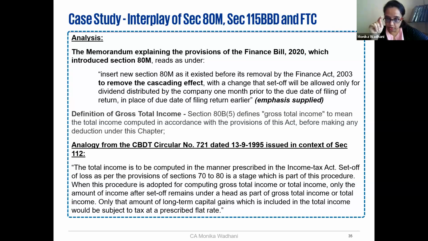So you have to see total income before any deduction under this chapter. 80M is part of Chapter VI-A, and so is the provision of section 80M. So before deduction under Chapter VI-A, you have to see the gross total income in order to compute the total income.